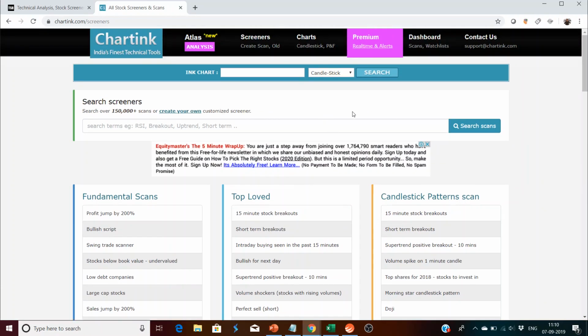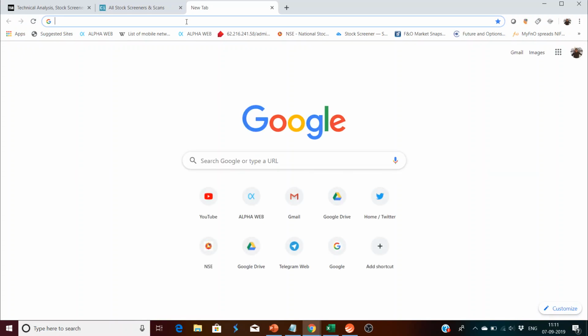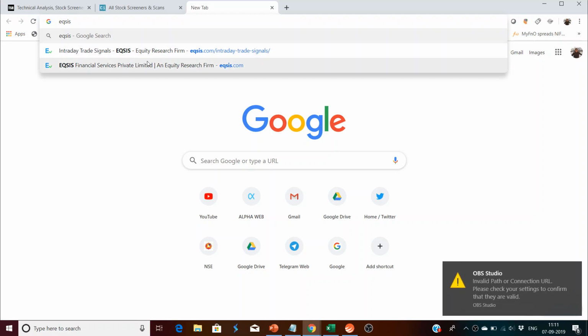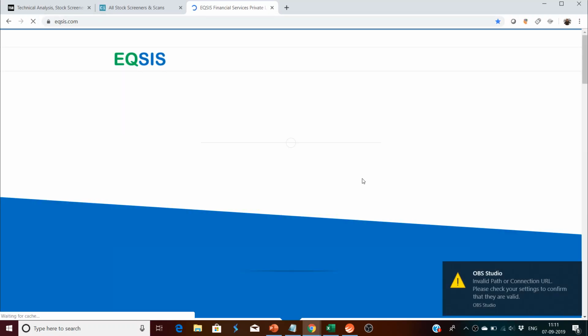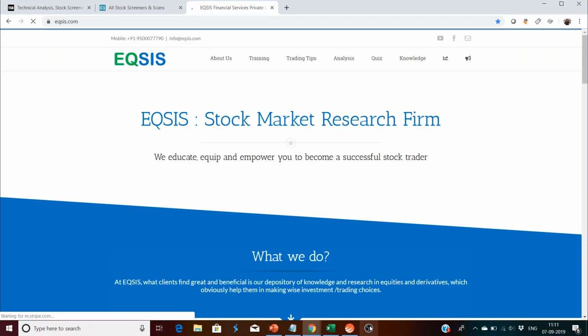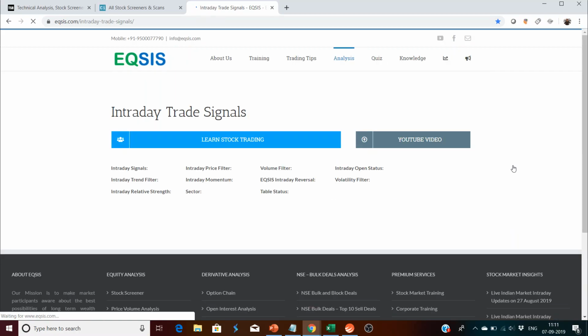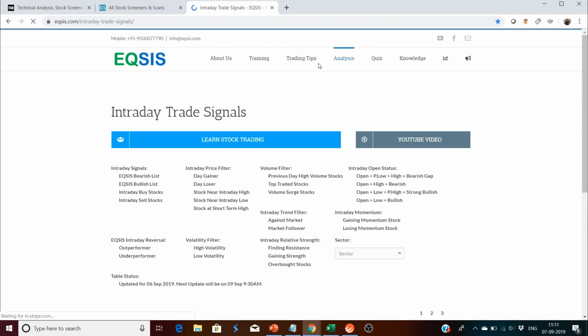So this is about scanning, and there is one more site, if I remember. This is called EQSIS. This site is also a good site where you can get trade signals on a live market.